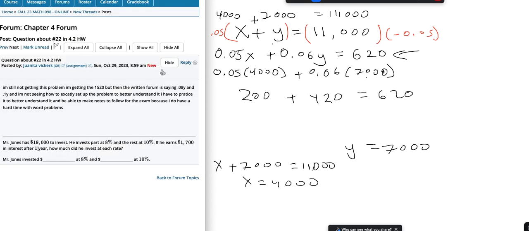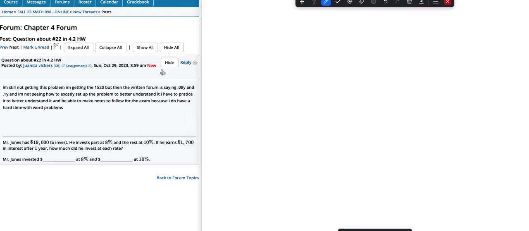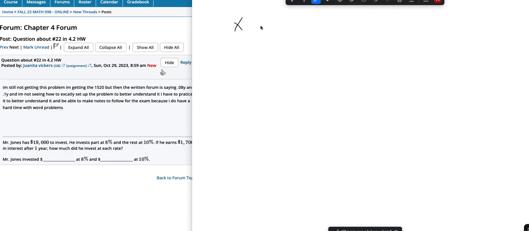If I go back to the problem you had here, just to show a slightly different version: the total was 19,000. The interest rates were 8 and 10, and the total interest was 1,700. So the total amount he has in each account, x plus y, makes the total amount of money, 19,000.